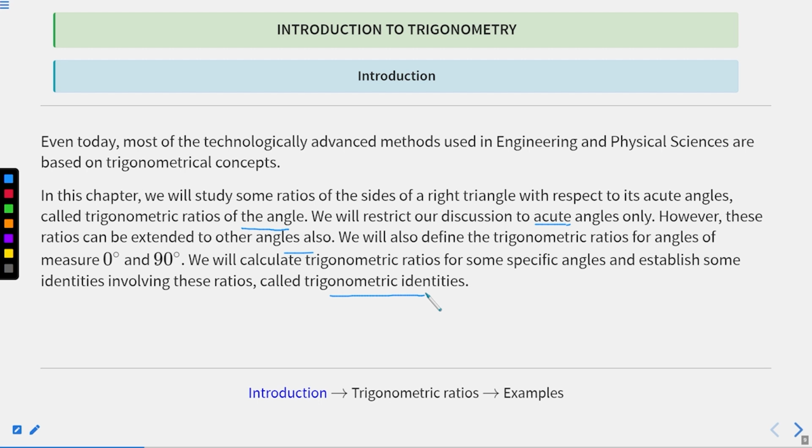We'll also define the trigonometric ratios for angles of measure 0 degrees and 90 degrees, and then see some trigonometric identities established by trigonometric ratios. These are the topics we'll discuss in this chapter.